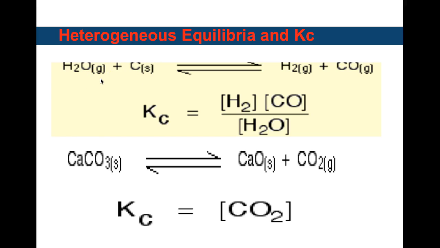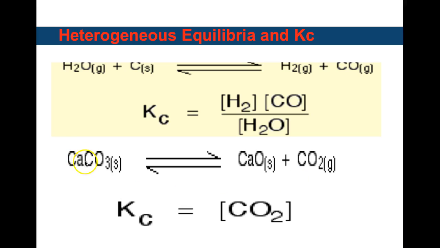However, gases are, all right? You can change gas concentration by increasing, decreasing pressure, etc. But you can't apply pressure to solids or liquids and change their concentrations, all right? So in the expression, you've only included hydrogen and carbon monoxide in the products and just the water in the reactant because of the fact that carbon is a solid, it's not included in the expression, all right?